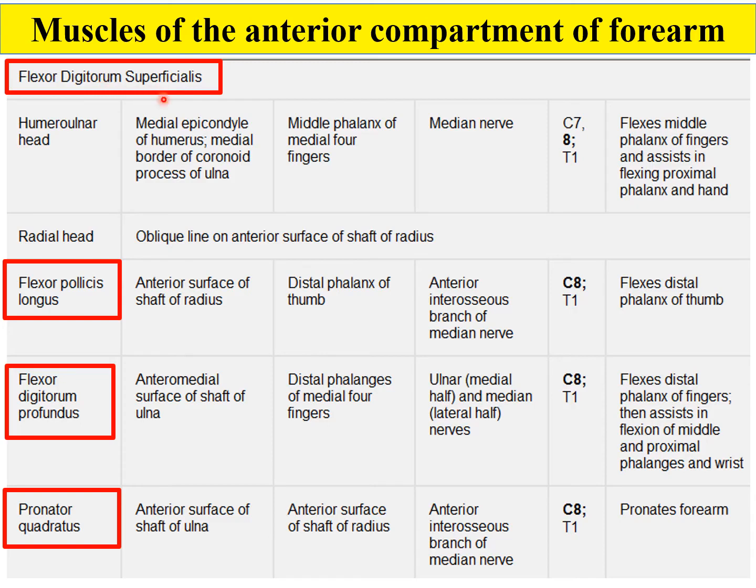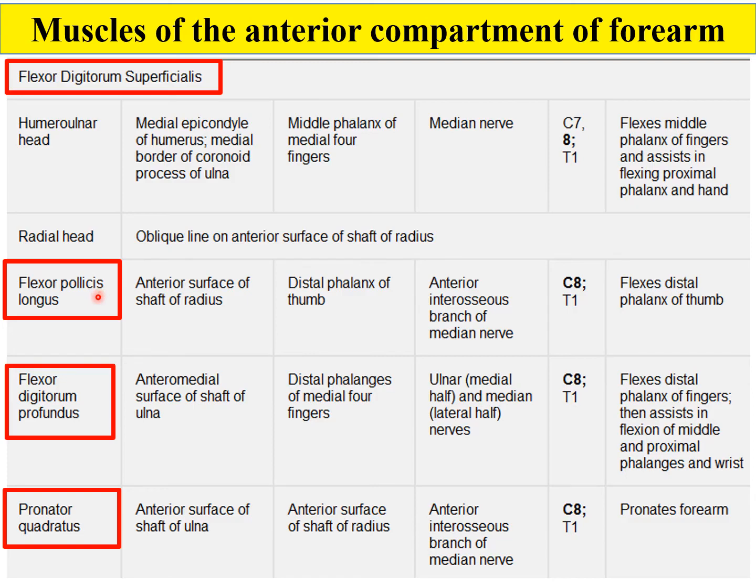Flexor digitorum superficialis is humero-ulnar, from the medial epicondyle of the humerus, medial border of the coronoid process of the ulna, and also some part of the shaft of the radius, and going to the middle phalanx of the medial four fingers, that we will see in the diagram. The median nerve is supplying them, and they will flex the middle phalanx of the finger and assist in flexing the proximal phalanx at the end. How, that we will discuss.